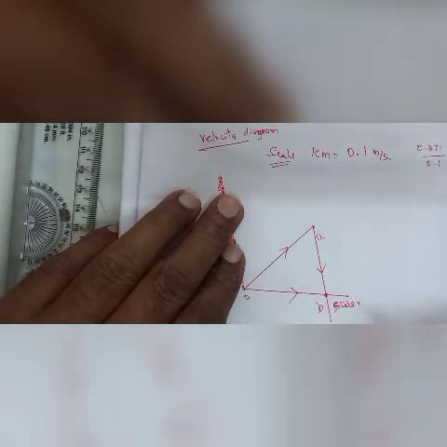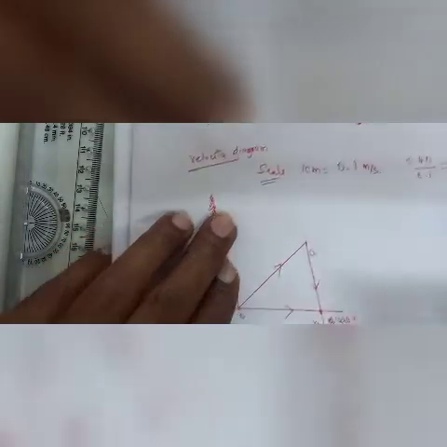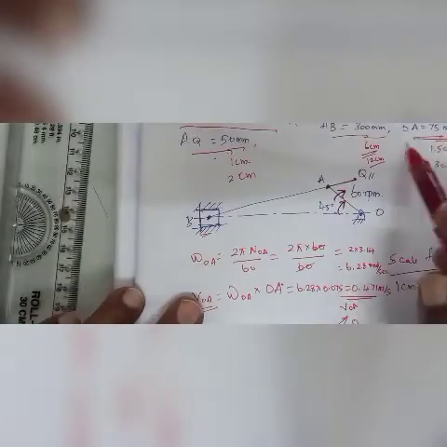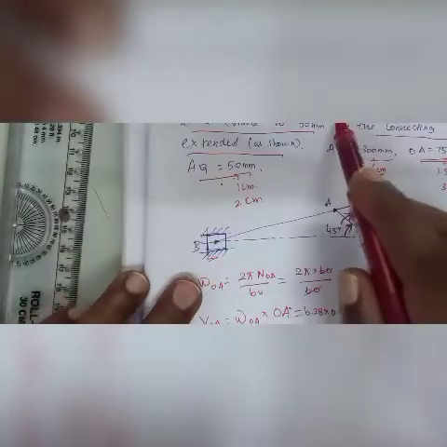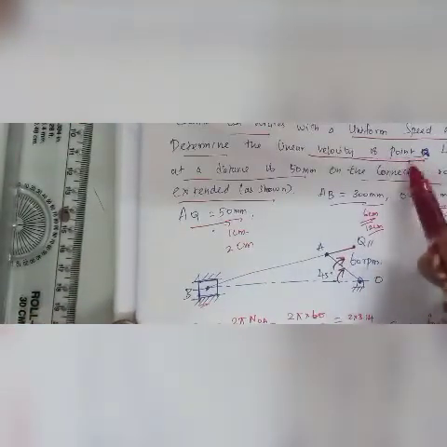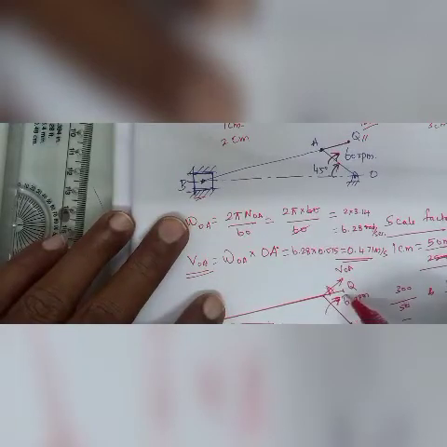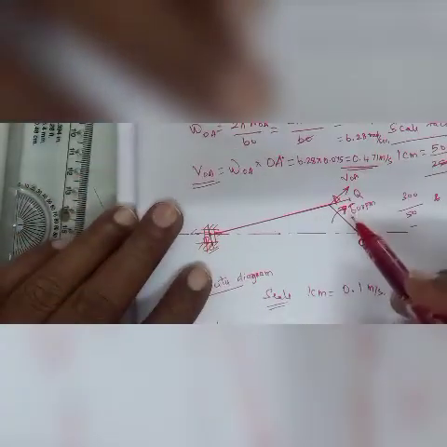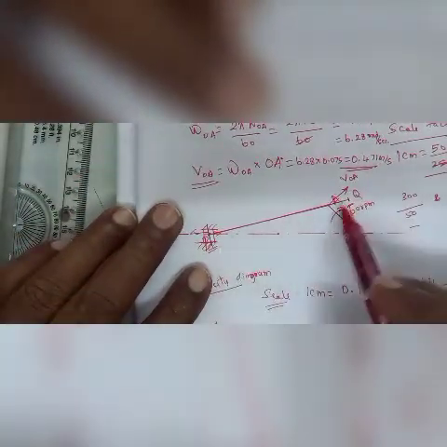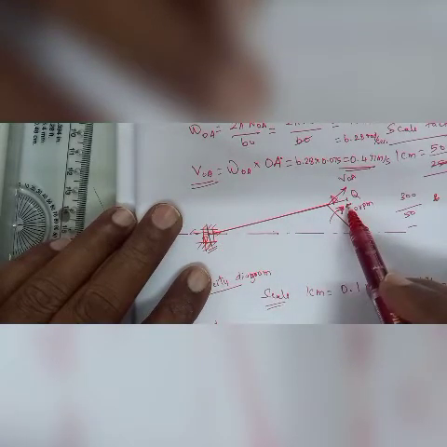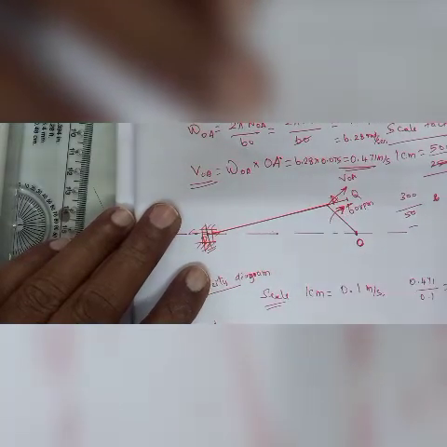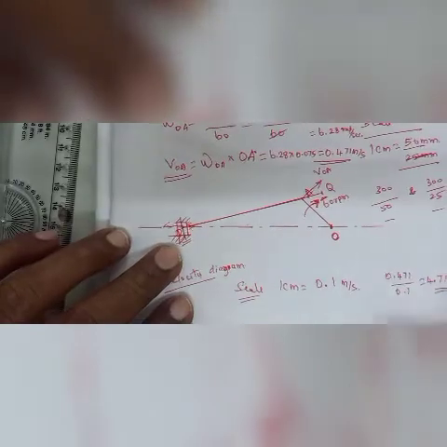So this is how we have to draw the velocity diagram. Now we have to find out the velocity of point Q, which is located here, right? This velocity point Q is located on the connecting rod. For that we have to write the ratio.